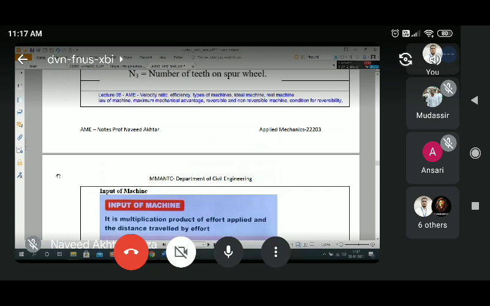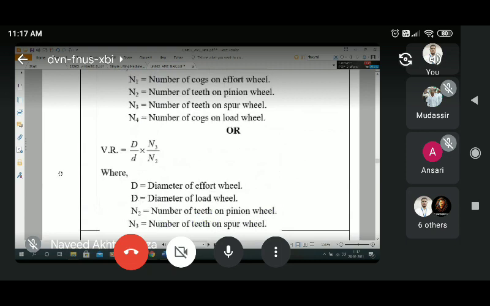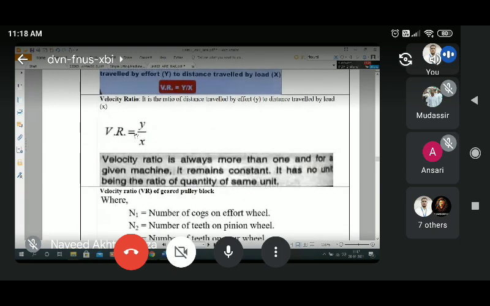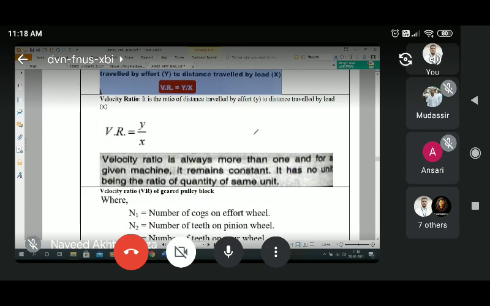Before going to efficiency, you understand the velocity ratio is nothing but the ratio of the distance traveled by the effort, that is y, which is related to the effort, and the distance traveled by the load, that is related to the load and is denoted by x.